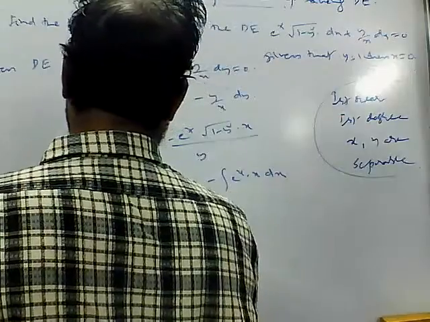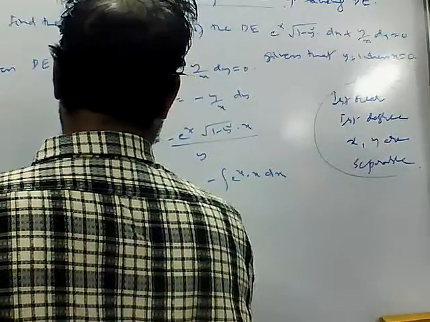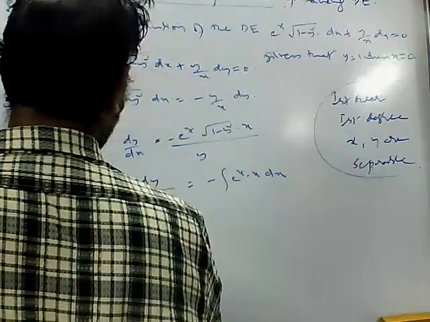So minus 1 by 2, minus 2y. Okay, multiplying with 2 and dividing with 2.